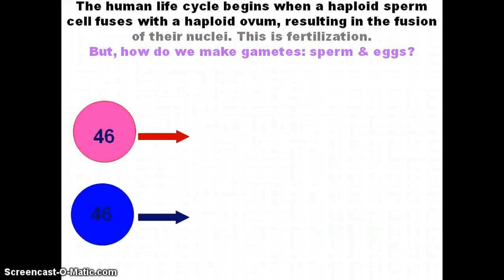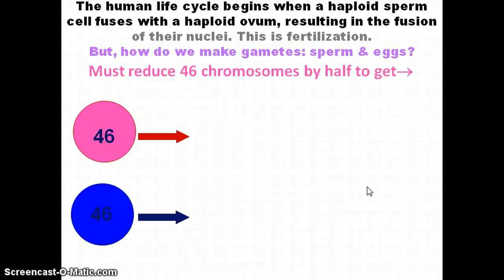So the human life cycle begins when a haploid sperm cell fuses with a haploid ovum. And what we're going to get then is a fusion of the nuclei. And that fusion process is called fertilization. But to get these haploid sperm and eggs, or ova, requires the process of meiosis.